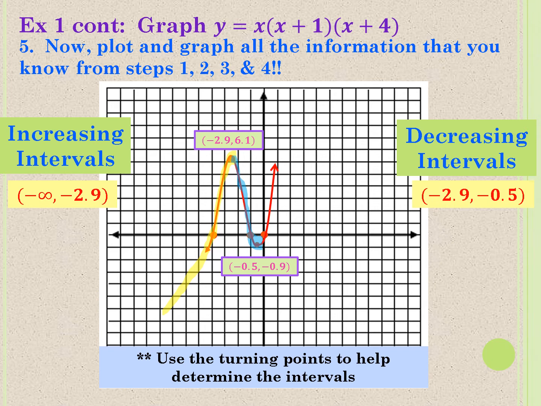And then lastly, from negative 0.5, it starts increasing, increasing, increasing, all the way up. Okay? So from negative 0.5 to positive infinity, your graph is increasing. All right, let's try another.